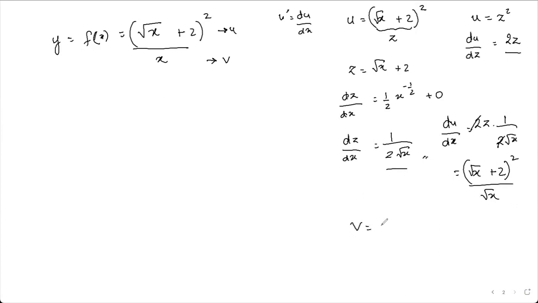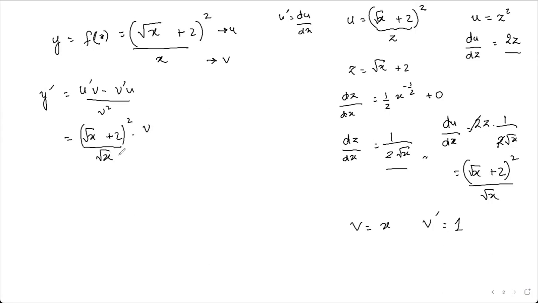My function v is x, so v prime will just be 1. Now let's put v prime and u prime in the formula. y prime will be equal to u prime v minus v prime u over v squared. u prime is root x plus 2 over root x, multiplied with v, and v is just the function x, minus v prime, which is 1, multiplied with u, and u is root x plus 2 squared.